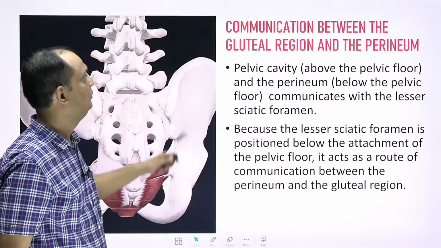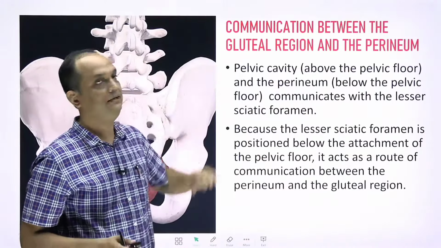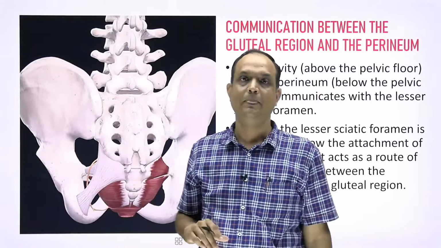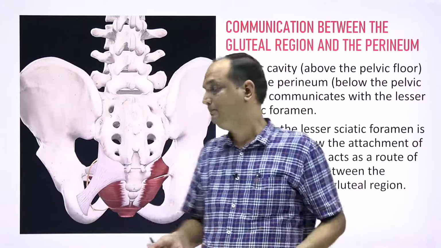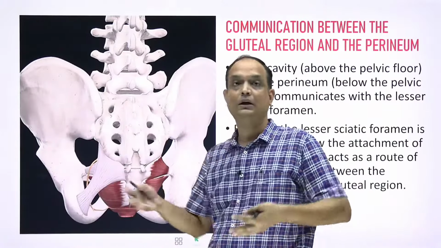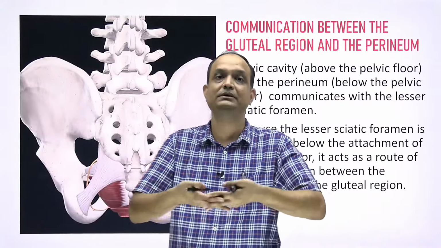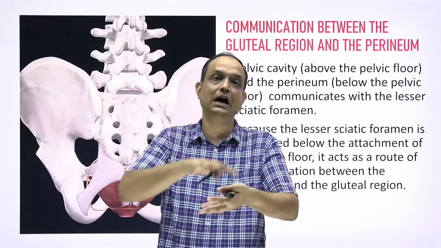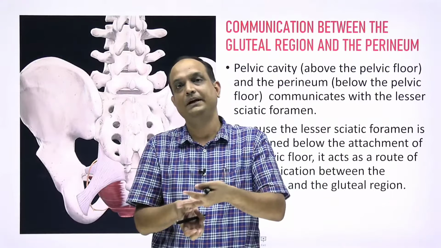Now, what is the communication between the gluteal region and perineum? Now, this is again a very important concept to understand. When you see this hammock-like arrangement of your pelvic diaphragm, you have to understand that the pelvic diaphragm has divided your pelvic cavity into the upper large cavity, which is known as the pelvic cavity, and the lower part is the perineum.